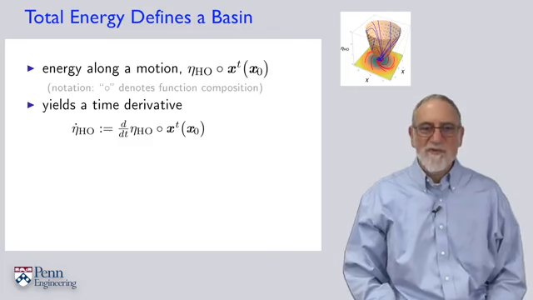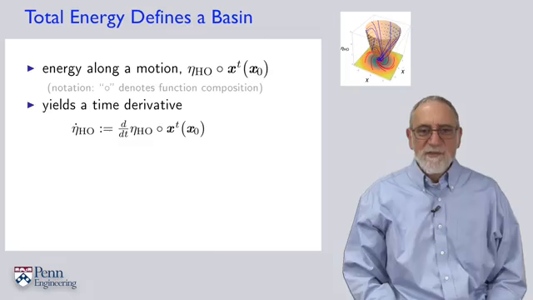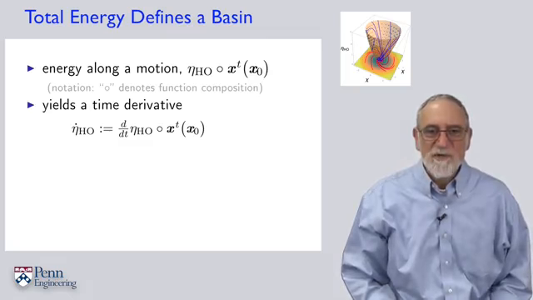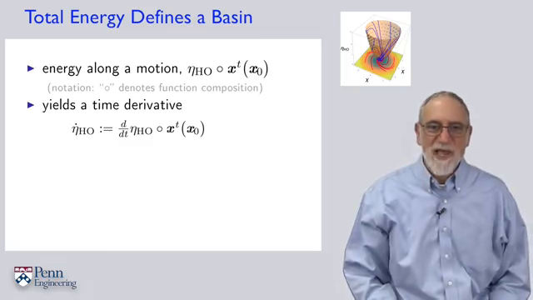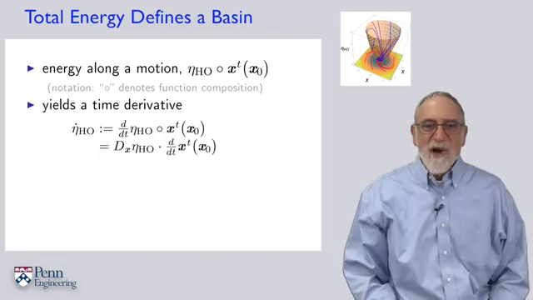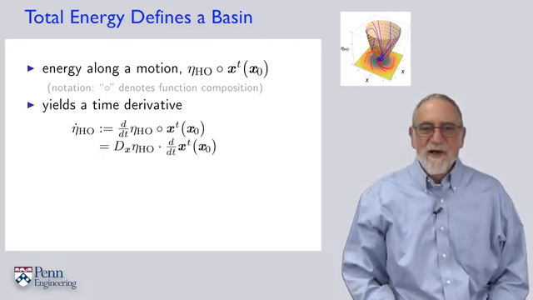Let's just talk that through quickly, and you'll check it on your own. d by dt of total energy is equal to d by dt of the time function, which is the composition of the space function eta with the time function x of t. Let me use the chain rule to remind myself that d by dt of a composition is D of eta of x times d by dt of x of t.